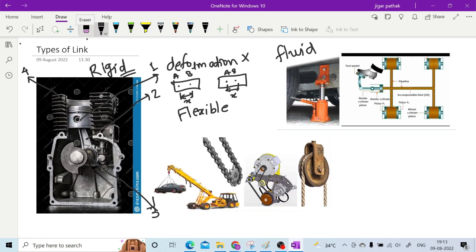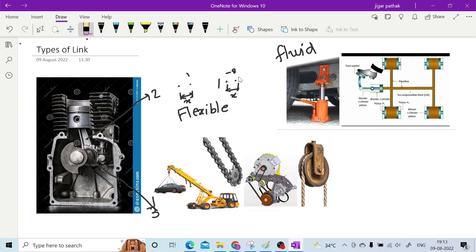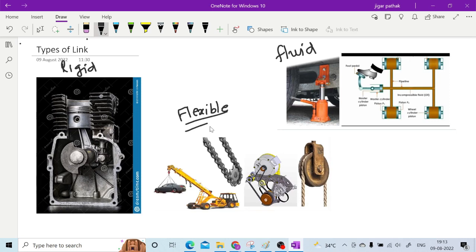Now if we move to the next one, that is flexible. In a flexible link, as I have mentioned, you may have a little bit of deformation, but that deformation is not going to affect the performance of the mechanism.